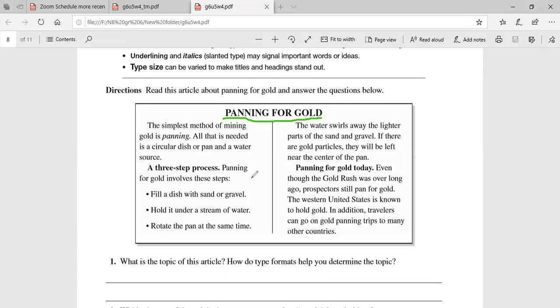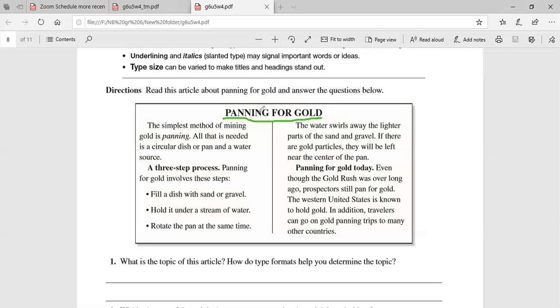One, the type format: it's written in boldface. This gives a signal. Two, the type size, the font, in other words, is larger than all the rest in the passage or in the article. And also, it is capitalized.